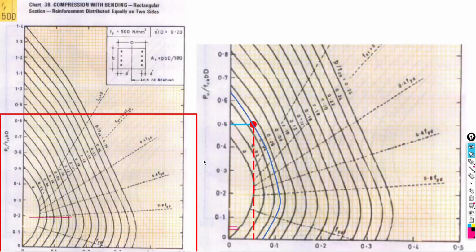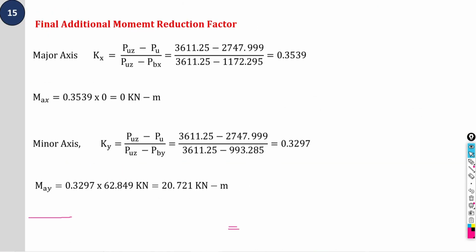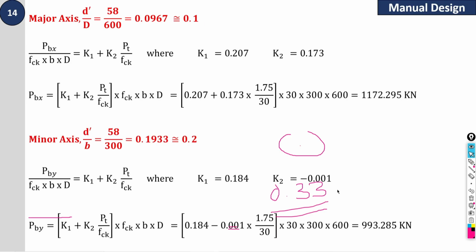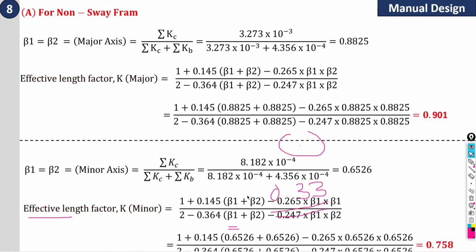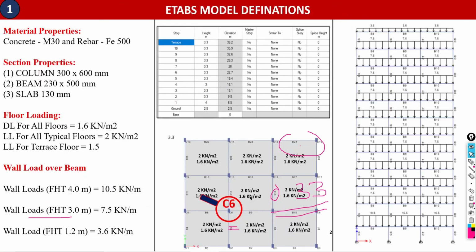After implementing all the codal practice, see the reduction factor about the minor axis, 0.3297. If you take up to 2 decimals, you will take it as 0.33. So exactly it is matching with your RCDC design approach. Your RCDC is doing exactly the same as we did in our manual.